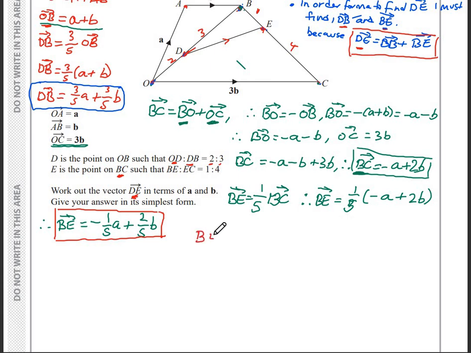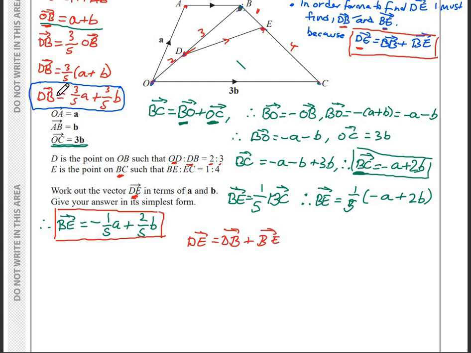DE, we're trying to find DE, equals DB, which is here, 3/5. In fact, I'll just write it again up here. BE.